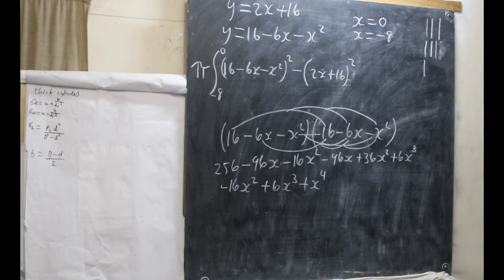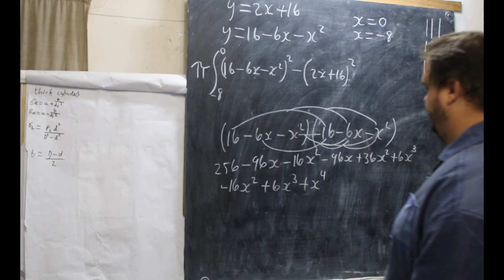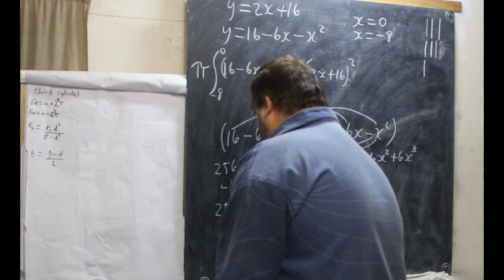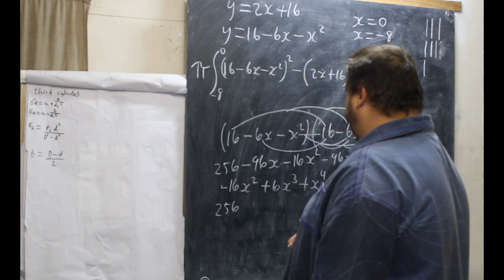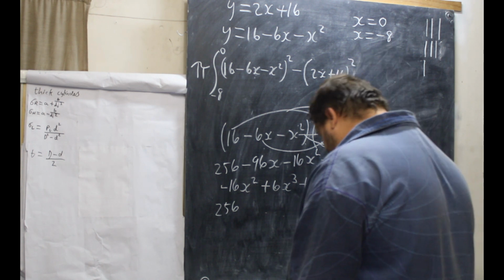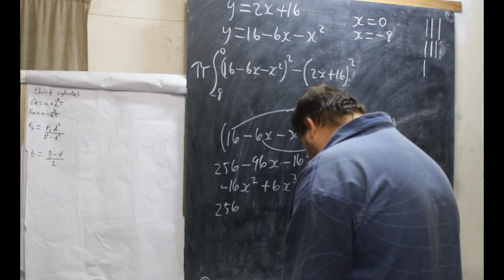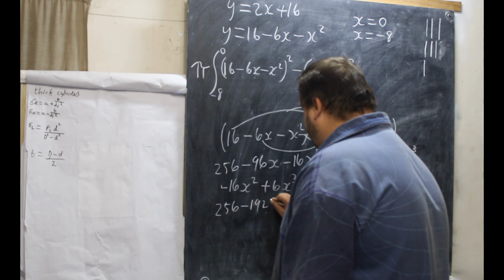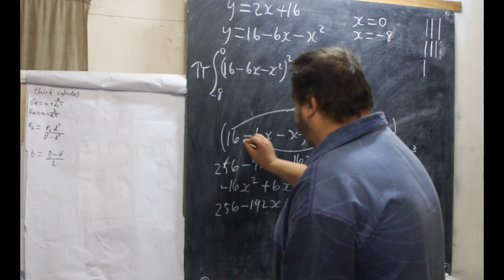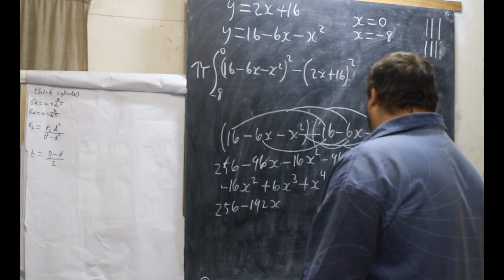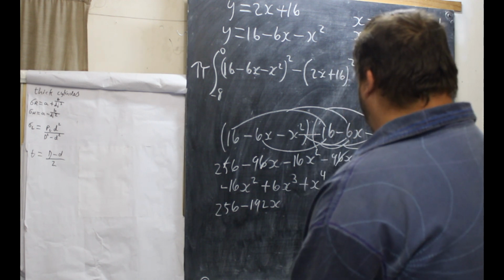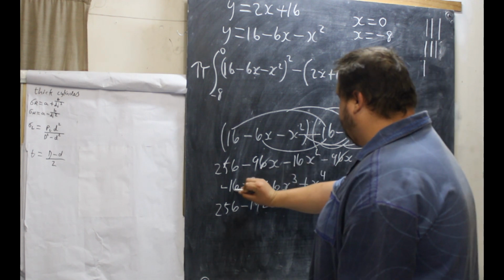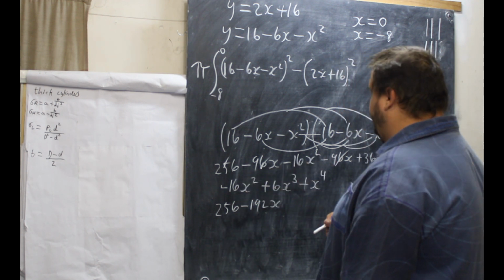Now let's put all these together. 256 stays 256, right? Minus 96 and minus 96 is 192, minus 192x. So that's done. Now our x squareds are going to be minus 16 and minus 16 are 32.